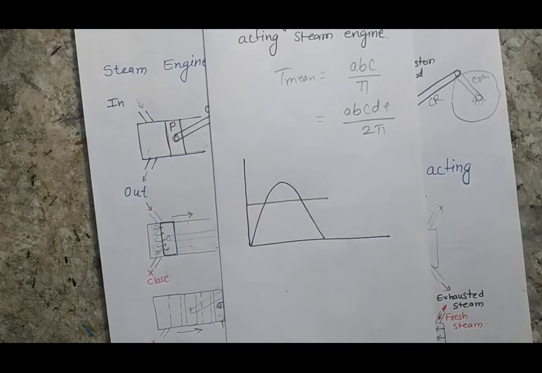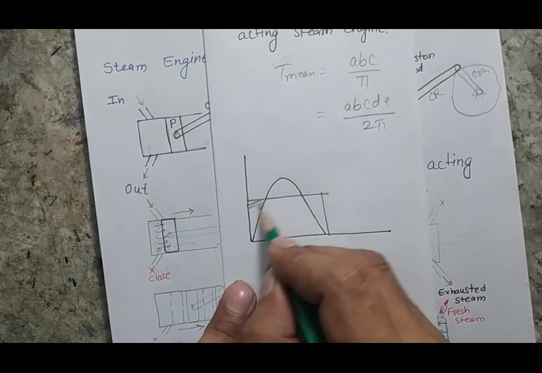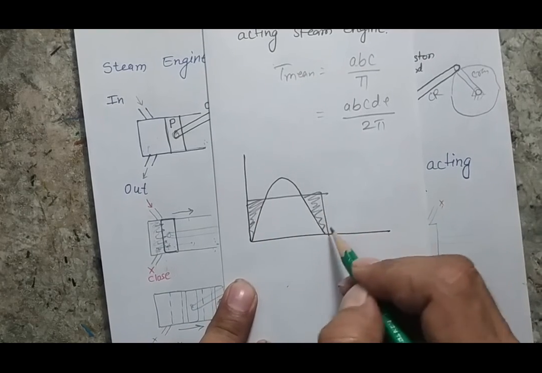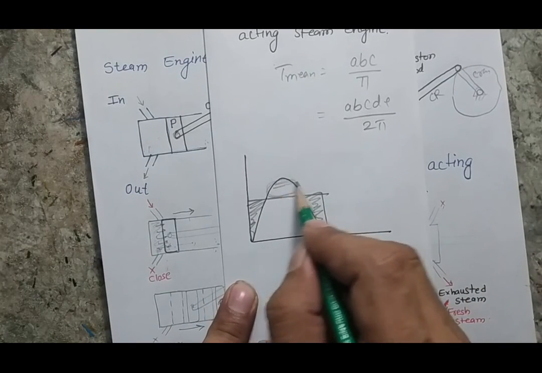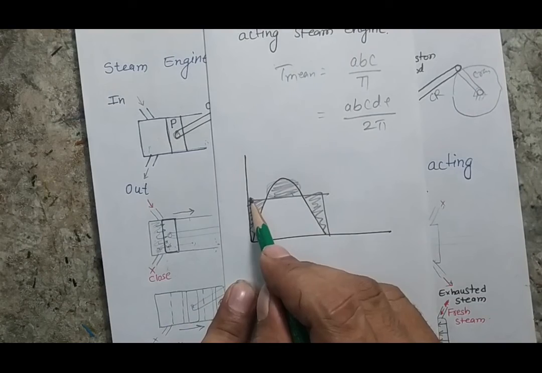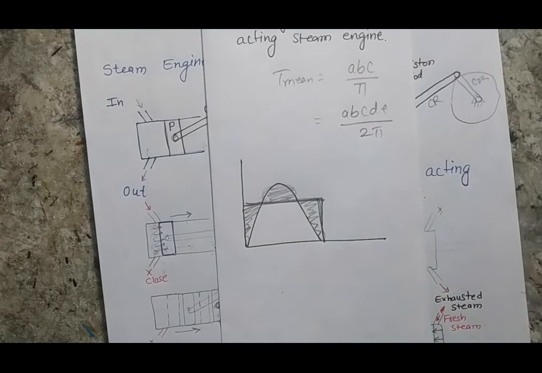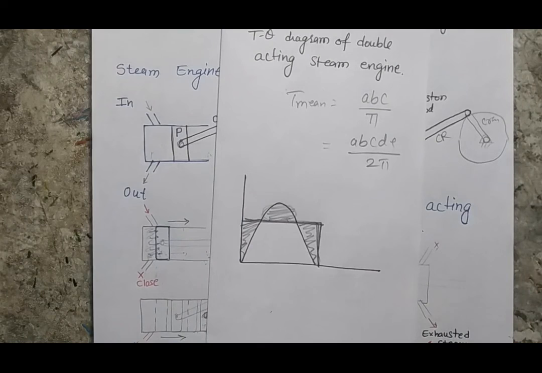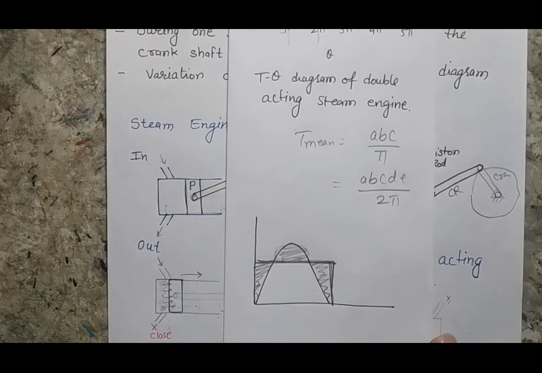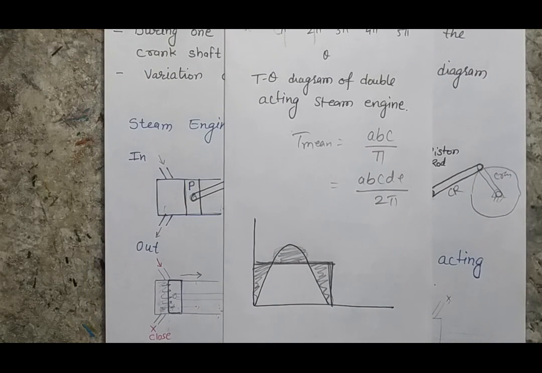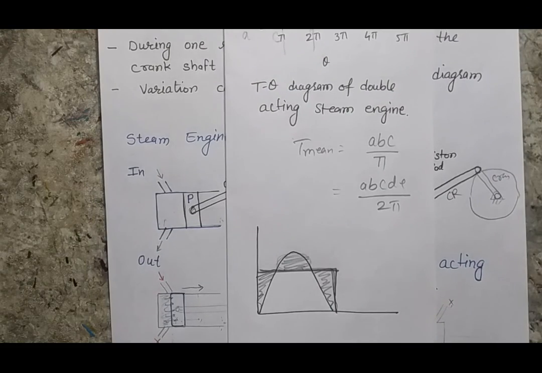Whatever additional is required for this zone is supplied by the surplus value. So ultimately, for one half rotation, my torque will vary, and this variation is minimized by using a flywheel. I have already discussed why the flywheel should have a high moment of inertia and how the flywheel minimizes the fluctuation of speed within the cycle. You can see this in my previous video.